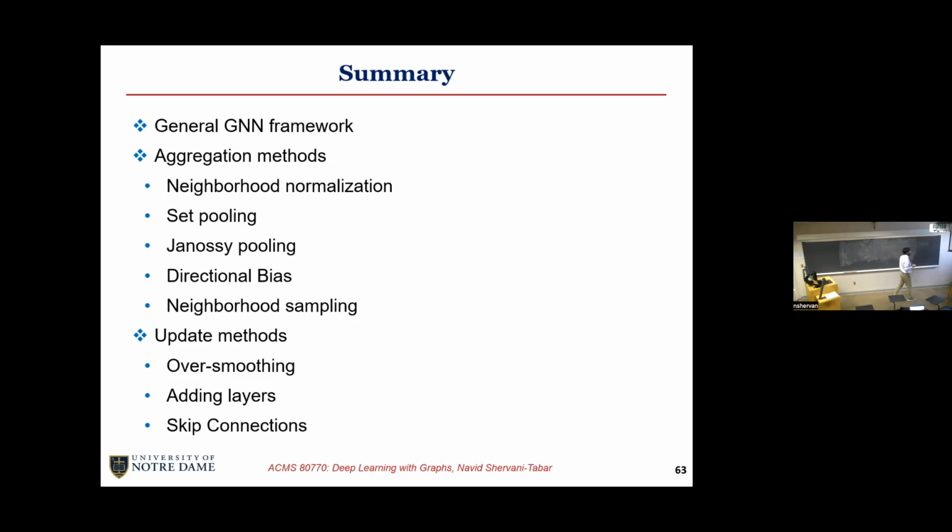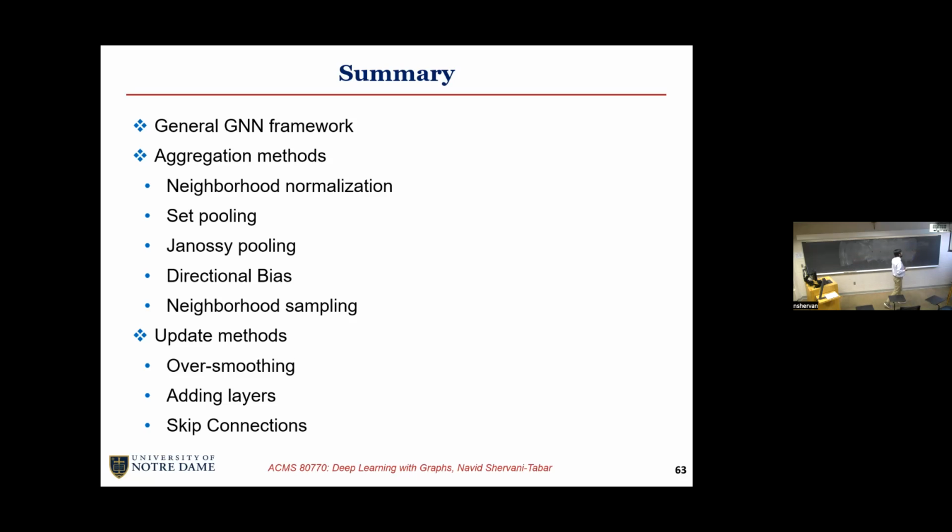Then we looked at a few steps that we can take in order to improve our model. Those included the aggregation and update steps. For the aggregation step, we looked at neighborhood normalization approaches, ways to normalize the different functions that we're using to aggregate all the information from our neighbors.